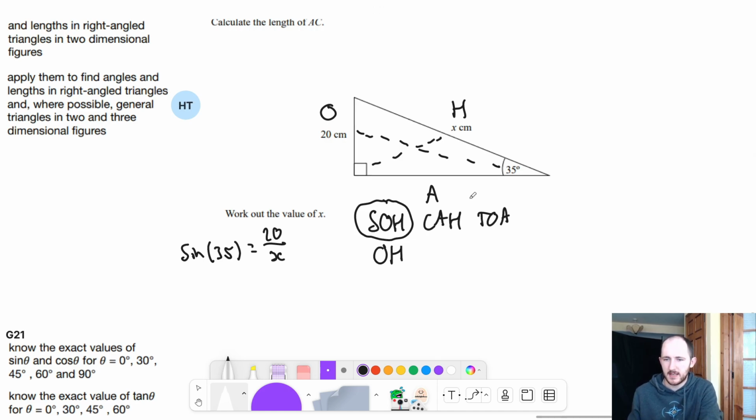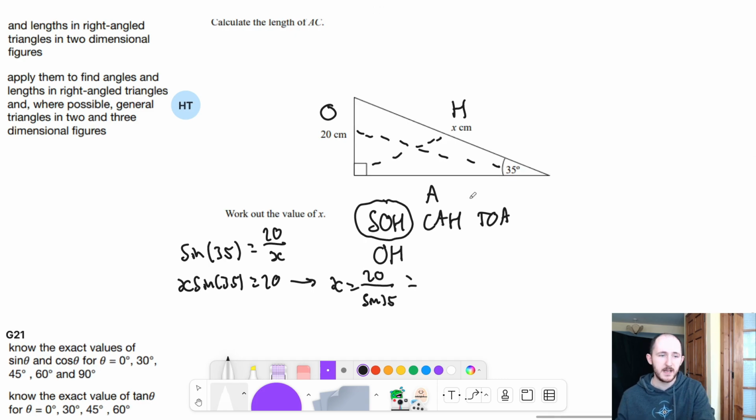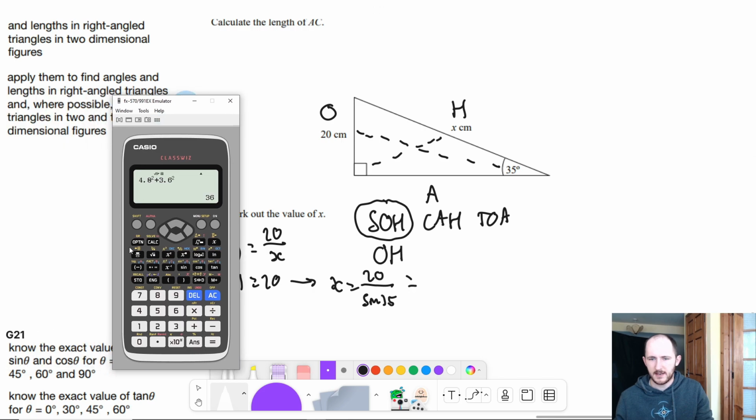So if I rearrange this, times both sides by x, then divide both sides by sine 35, I get x is equal to 20 over sine 35. So all I need to do now is enter it in a calculator.